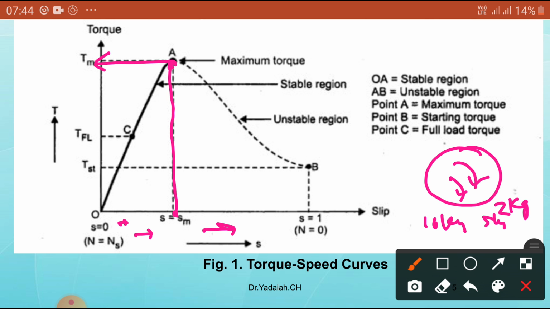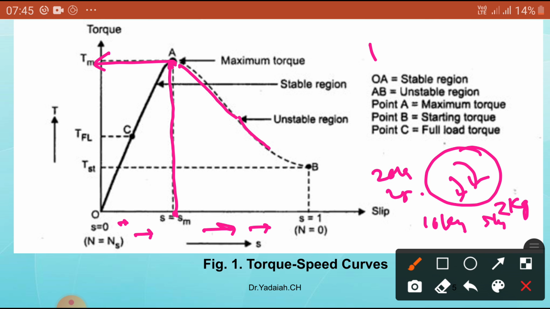Now, instead of 10 kgs, if you add 20 kgs at a time, what will happen? Its speed decreases, as well as the development of torque decreases slowly. If increased to 25 kgs on the motor, it decreases further.